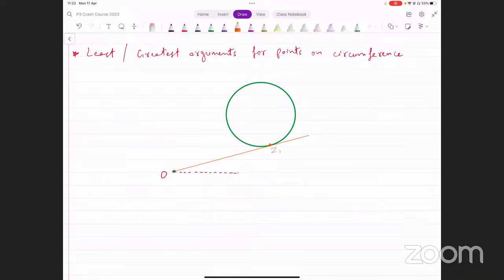This point, let's call it Z1, is going to give you the least value for the argument. Let's call this value angle θ1. This is the least argument that you get in this case.